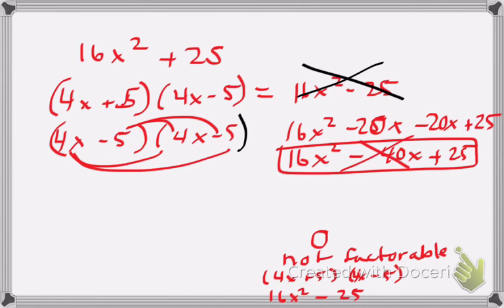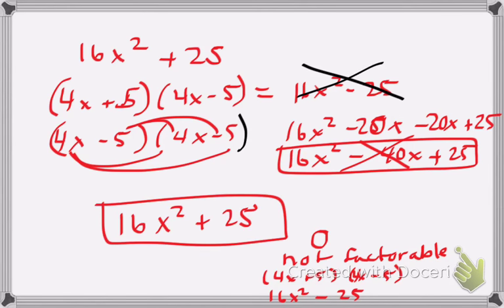So there is no way, and if I did a plus plus, we would end up with plus 40x plus 25, 16x squared plus 40x plus 25. So there's no way to get that binomial 16x squared plus 25.